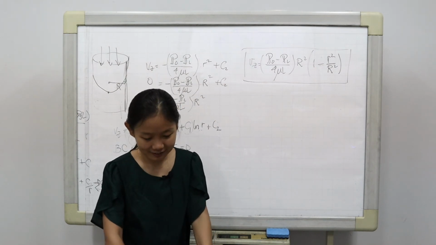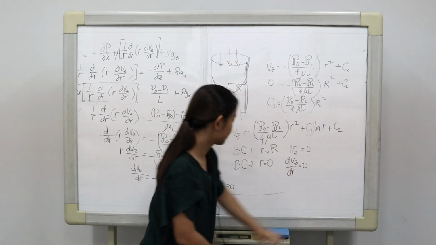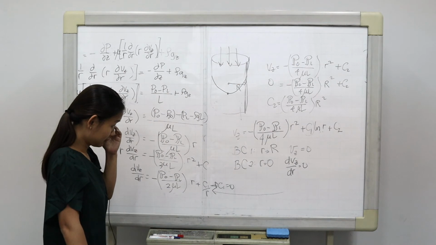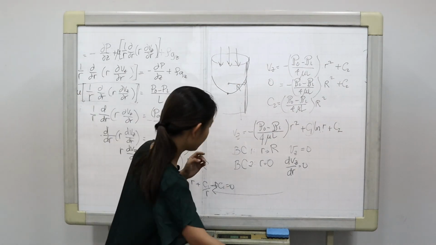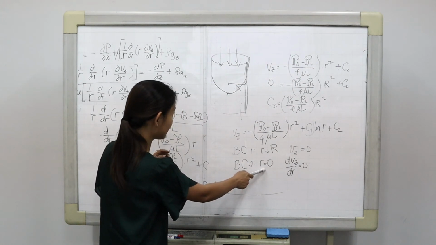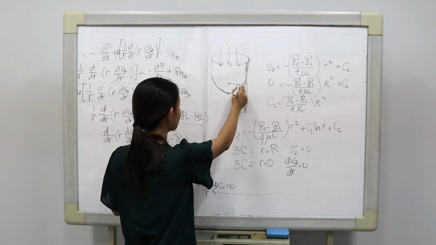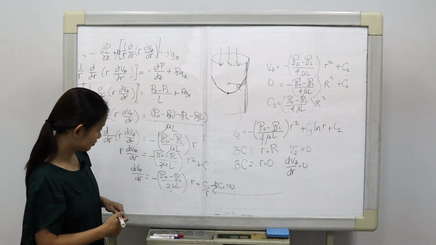For the C1, when we determine when R is 0, is it supposed to be undefined then? At R equal to 0 here, and we input that in the equation? Yes.